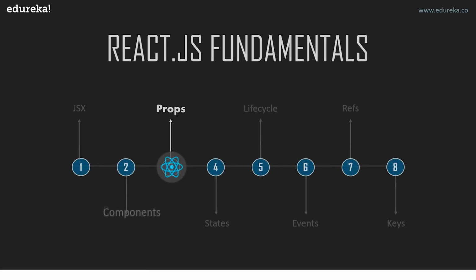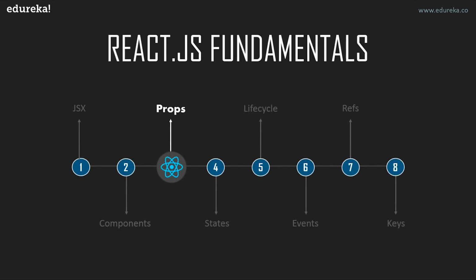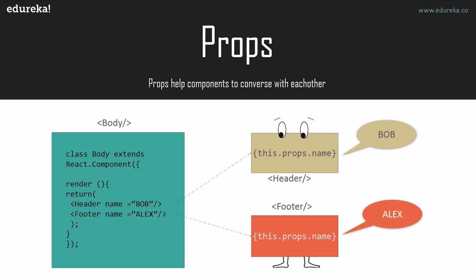Now the other fundamental, again a very important fundamental of React.js, are props. What are props? Props help components to communicate with each other. I can compare them with arguments or parameters of a function. In this example, class Body extends React.Component and returns Header and Footer.